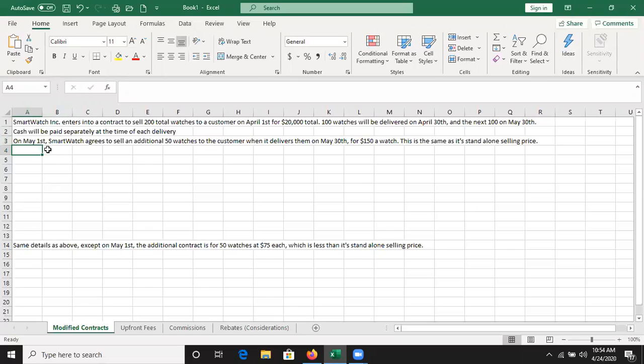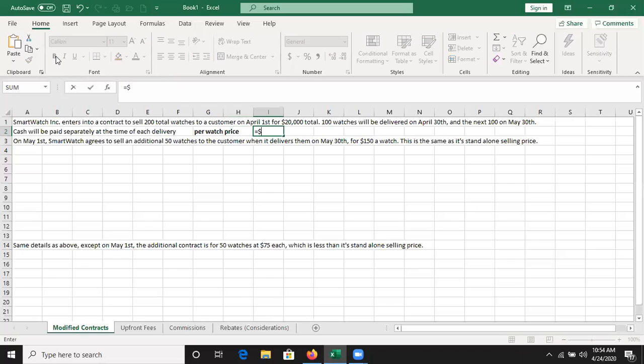If we want to get a per watch price, normally when you give a big contract, 200 watches, you probably give a deal. $20,000 divided by 200 watches, we're looking at $100 per watch. For a smartwatch, that's pretty good. So per watch price, $100 with the initial contract.